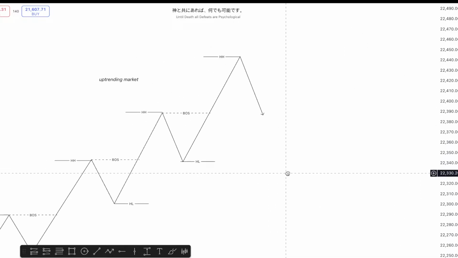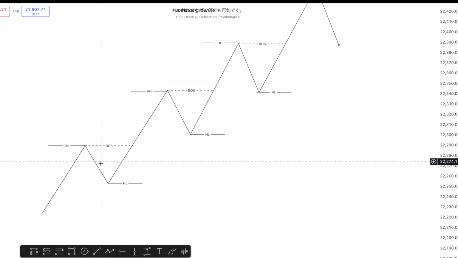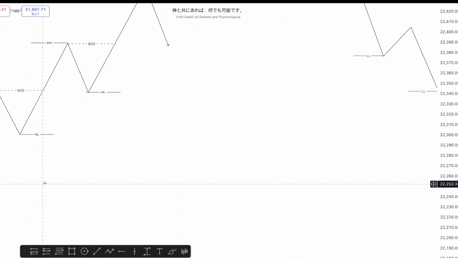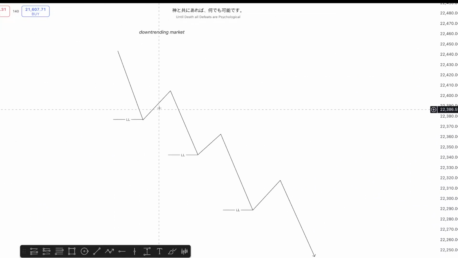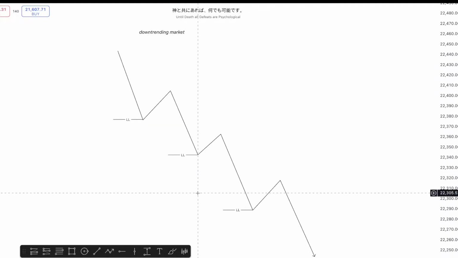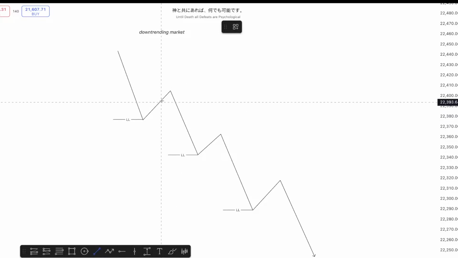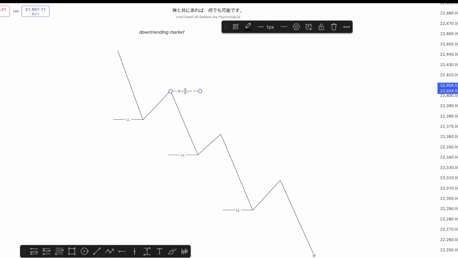And like the bullish side, we had a pullback, right? And the pullback is the momentum given to create a new high. Well, in this case, we need a pullback in order to give momentum to create a new low because we're downtrending. So every pullback is momentum, and it is going to be called a lower high.